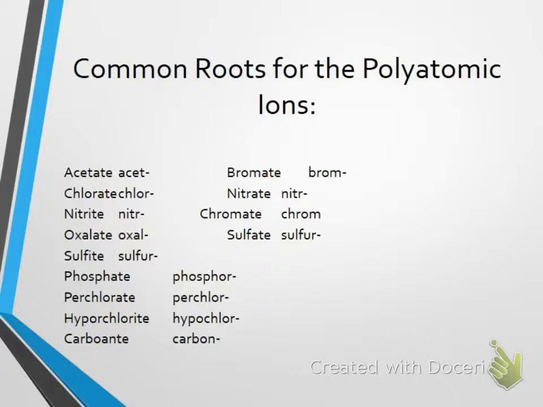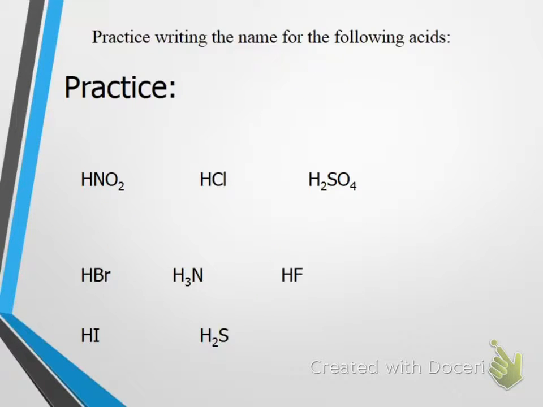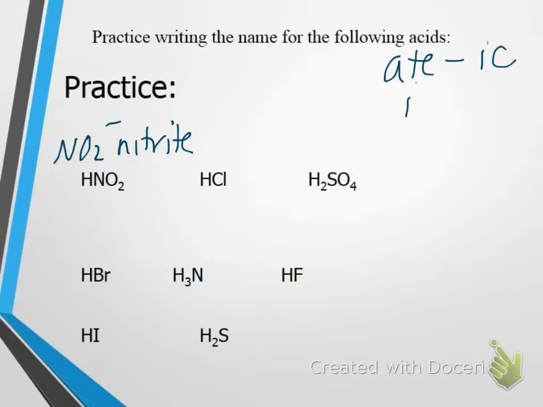So let's practice a few. All right, so we just did HNO2. We know that the NO2 minus is nitrite, right? And let's write this over here, ate to ic, ite to ous. So if I have nitrite, what acid would that be?